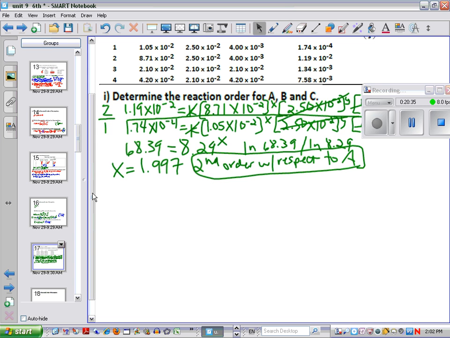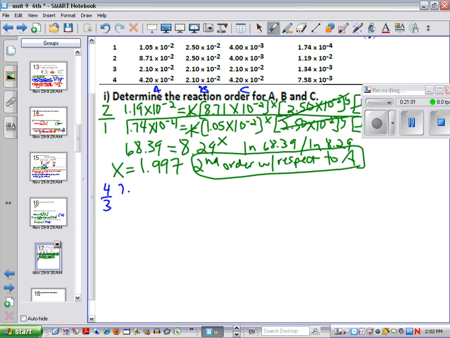So just bear with me and do number 4 and look at 3 and 4. We're going to put 4 on top of 3 because it's got a bigger rate. But looking at this, you see how the B is kept constant. This is A, this is B, this is C. Our B is kept constant here. We know what A's exponent is, so now we can make that just a plain number, and then we're going to solve for the Z, or the order of C.